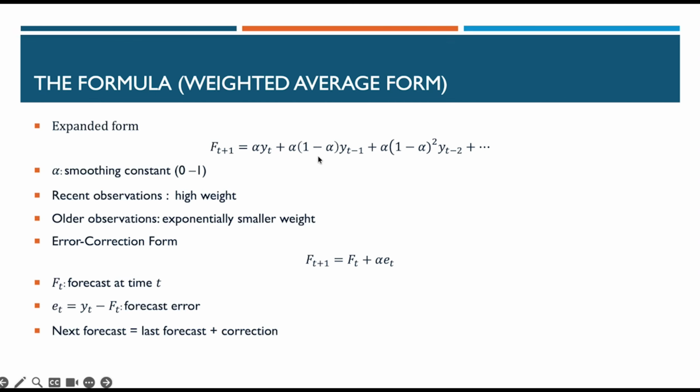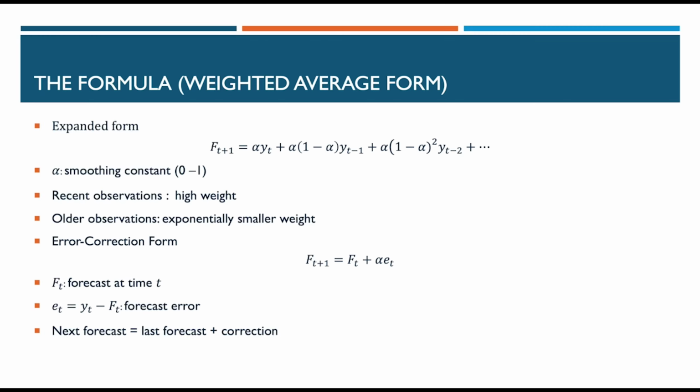If alpha is 0.1, this is going to be 0.1 times (1 minus 0.1), which is 0.9. So it depends on the value of alpha where you put the weight more. If alpha is big, you put more weight on the recent values. If alpha is small, it's the opposite.